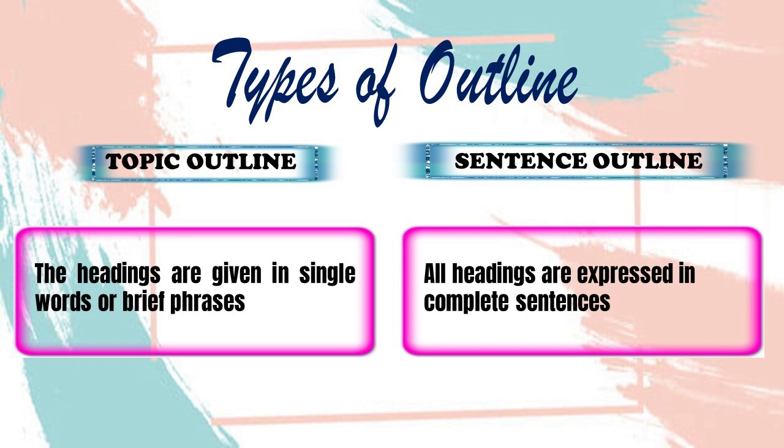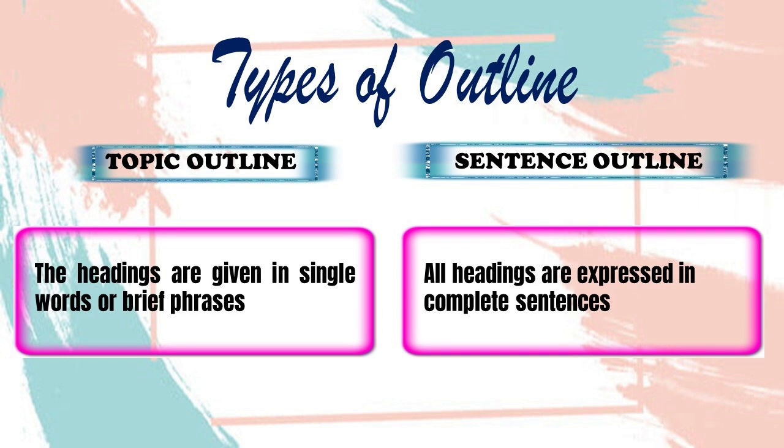And sentence outline is where all headings are expressed in complete sentences. Ito yung nasa baba ng headings. Class, if you could at least get a piece of newspaper, makikita sa baba ng headings yung subheadings or yung complete sentence na parang it could be a thesis statement.